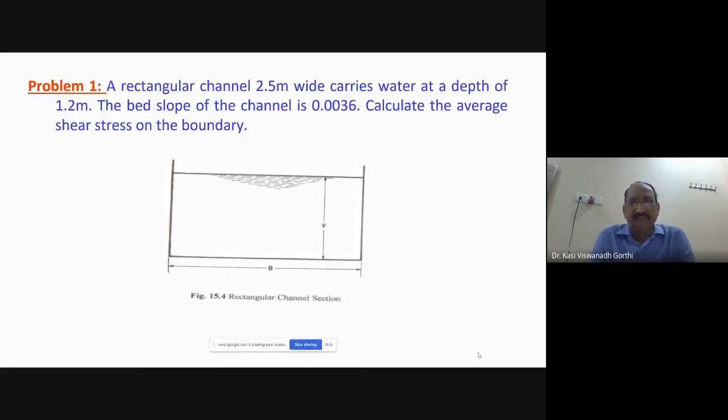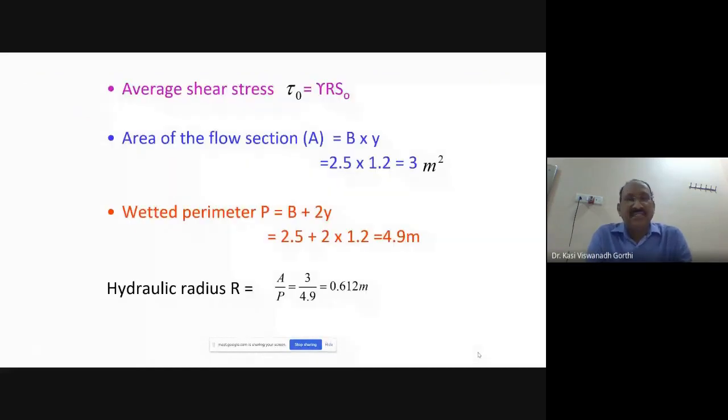A rectangular channel with bed width b and depth of flow y. The average shear stress tau naught is given as gamma R into S naught. S naught is the longitudinal slope. Sometimes we use capital S as the longitudinal slope, sometimes S naught. As far as the uniform flow is concerned, both are the same.